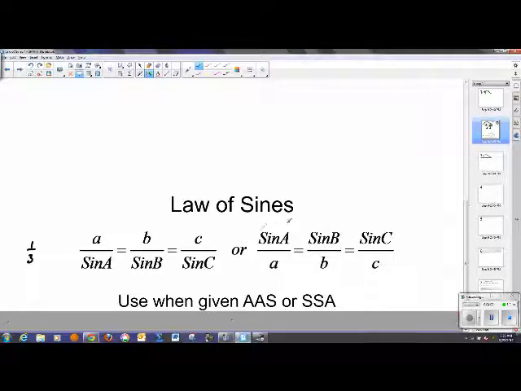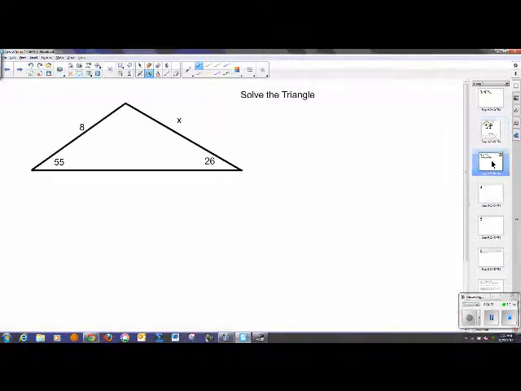Now, again, we call this the law of sines, and this is typically used when you're given two consecutive angles and a side, or two sides and an angle. Let's do the problem we just tried to work out in two steps, but now in one.